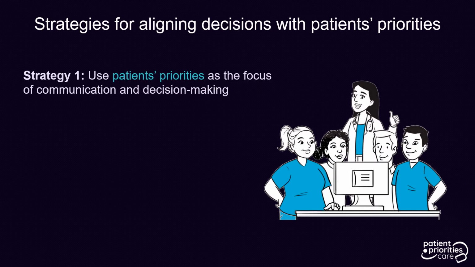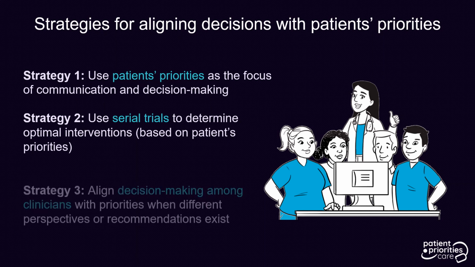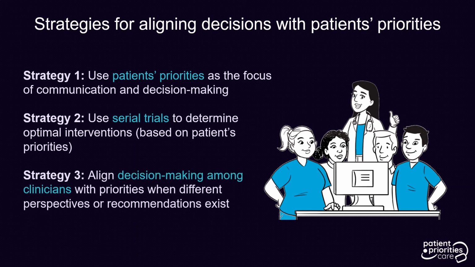The three strategies are: Strategy 1, use patients' priorities as a focus of communication and decision-making. Strategy 2, use serial trials to determine optimal interventions based on patients' priorities. And Strategy 3, align decision-making among clinicians with priorities when different perspectives or recommendations exist.